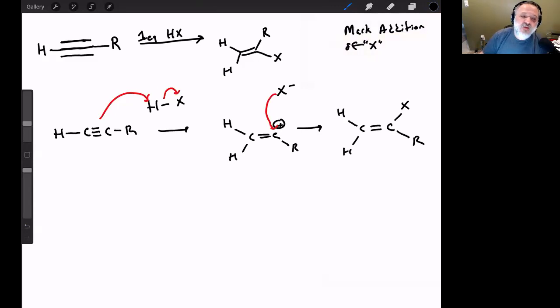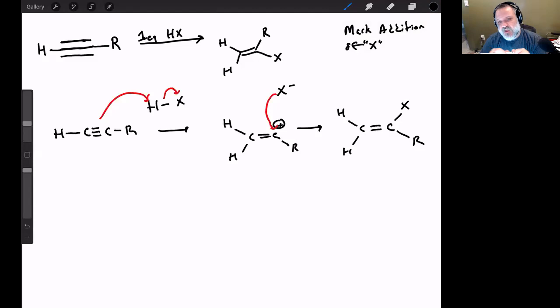Now, what we find in kinetic and mechanistic studies is that this mechanism isn't well supported. First of all, when we think about carbocation stability, we remember that vinyl cations are particularly unstable, essentially the same stability as primary carbocations, or maybe even less stable.